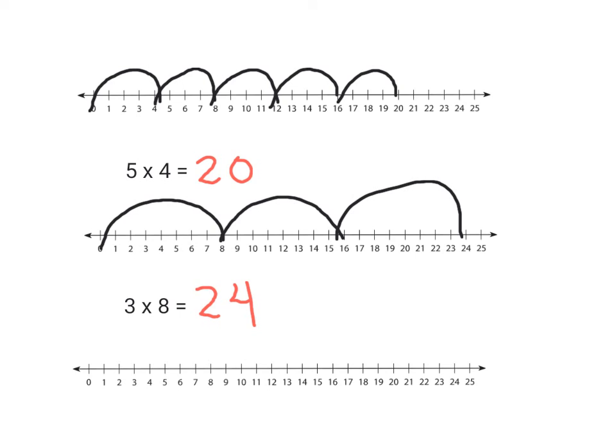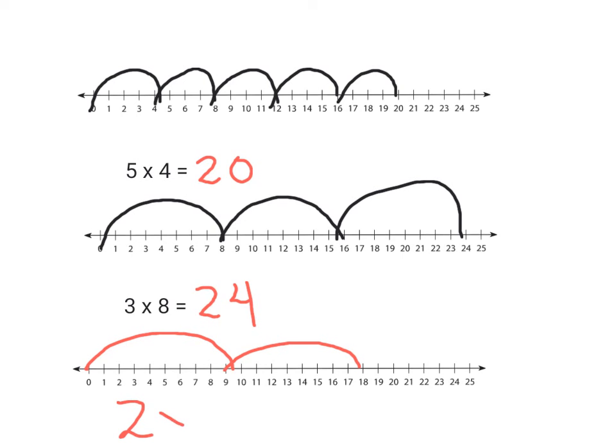Let's try another example. What if we had this example? What multiplication sentence do you think this number line shows? Well, if you look carefully, there were only 2 jumps made. So the first factor would have to be 2.